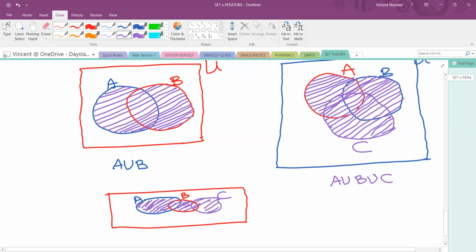So this Venn diagram will not be accepted unless in the question itself, there's enough information to show that A and C are not sharing some elements.